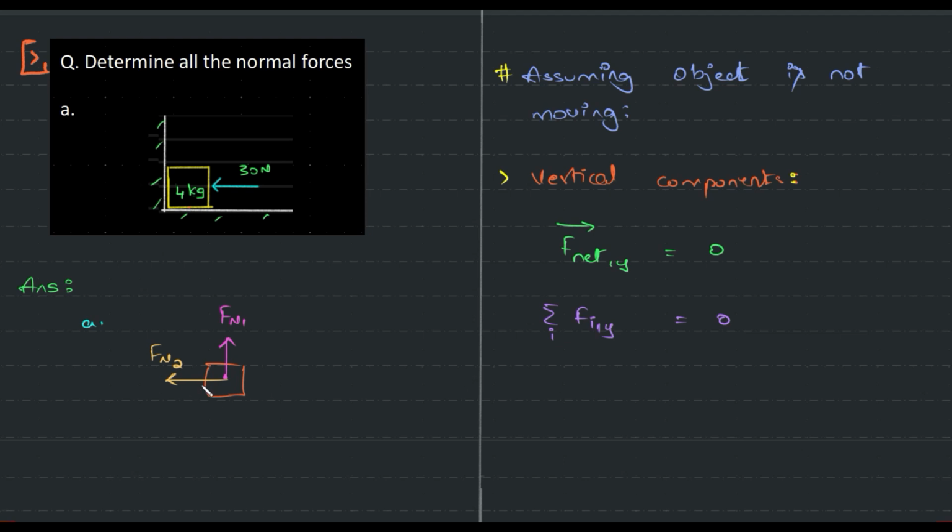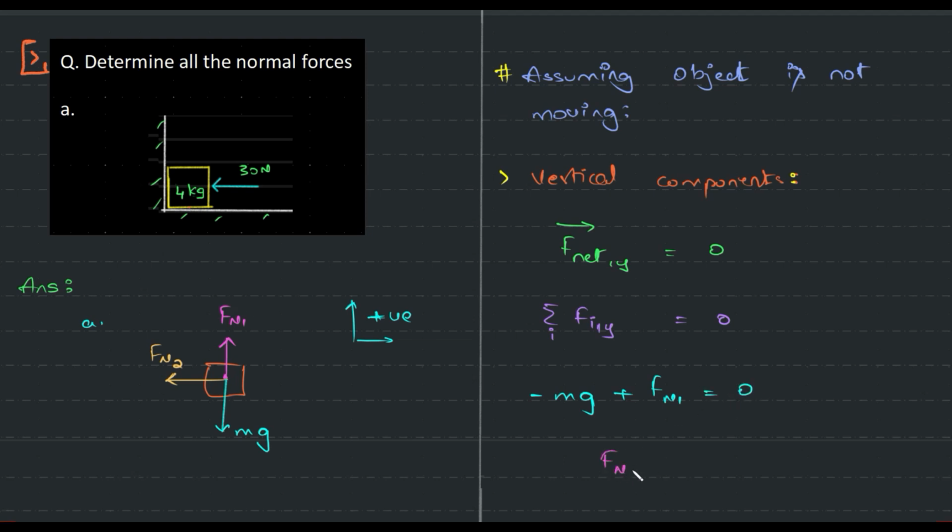What are all the forces that are acting on the object along the y-axis? One is your gravitational pull, mg, right? If I take up as positive, this is minus mg plus Fn1, the normal force. Both have to be equal to 0.